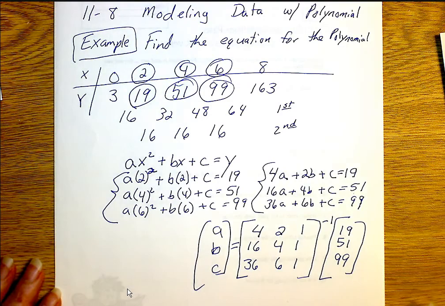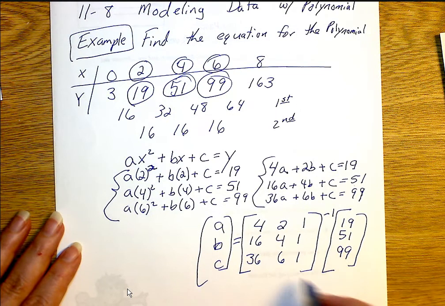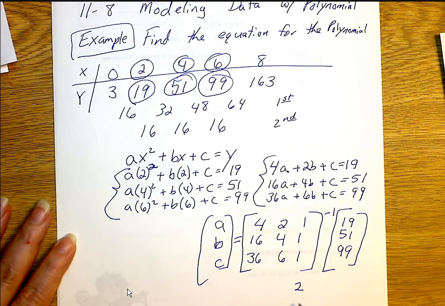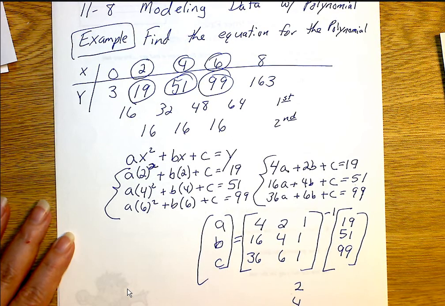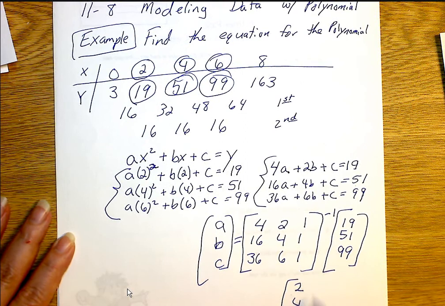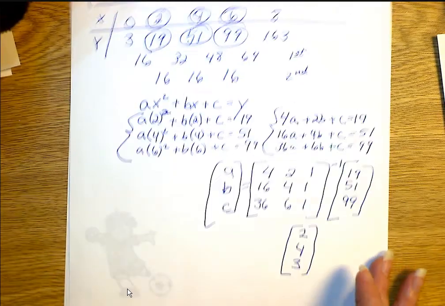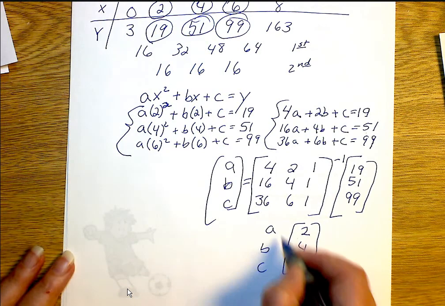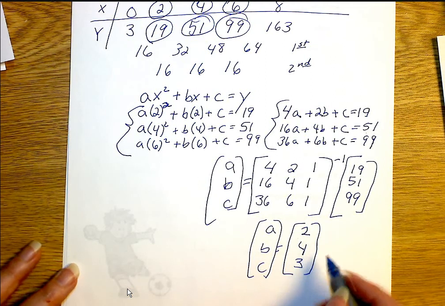Alright. Everyone get an answer? What did you guys get? 2, 4, and 3, right? And remember that that is A, B, and C. So the last thing you have to do is literally just put it back into your equation.